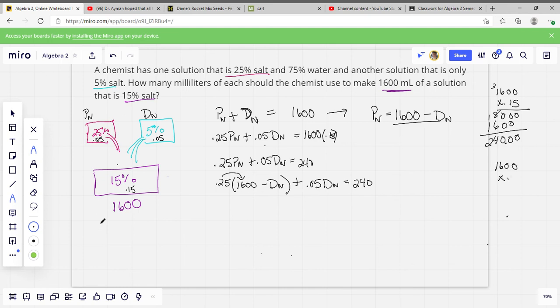1600 times 0.25, that'd just be 1/4 of that, should be 400. 6 and 5 is 30, and 1 is 5, 6, 7, 8, and then 2 times 6 is 12, 2 times 1 is 2, 3.